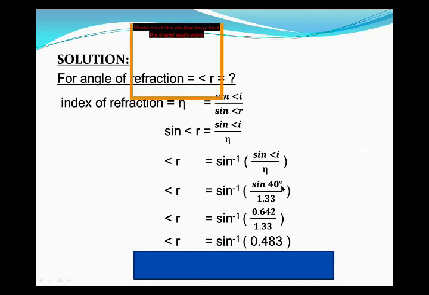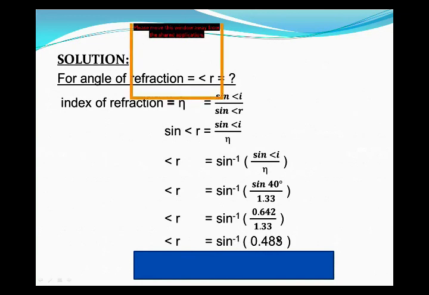With the help of a calculator, we are getting sine 40 degrees equal to 0.642, and 0.642 will be divided by 1.33. So we will get 0.483. So angle R is equal to sine inverse 0.483.